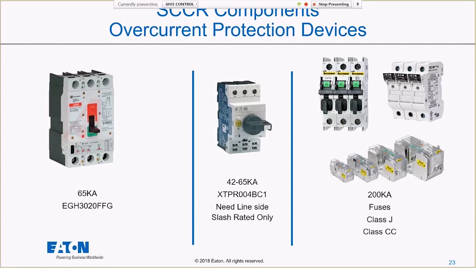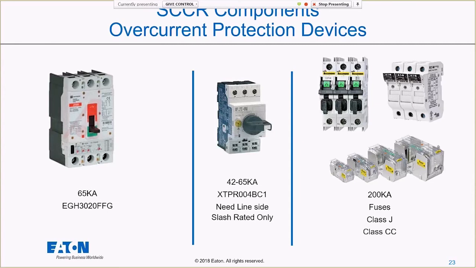That's 480/277. And those can only be connected to solidly grounded Y systems. So you just want to make sure you don't use slash rated components in a delta or really anything except a solidly grounded Y system. But they're great products and they work in a lot of situations very, very well.